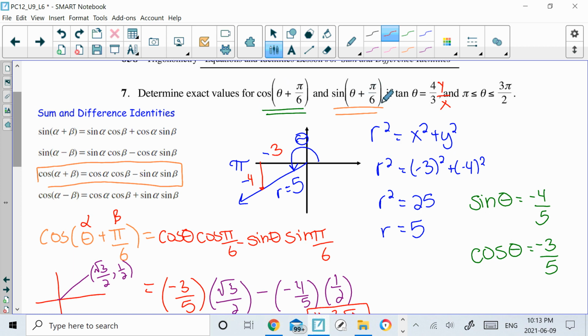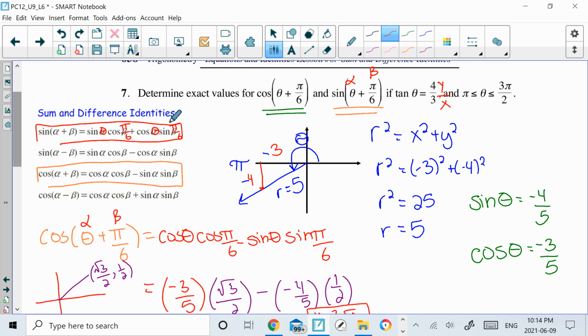The second identity, you're going to do the exact same thing that I did, except now you're going to use the sum identity for sine, which is this here. Alpha is going to be theta, and beta would be pi over 6. So you're going to write this identity down, with theta and pi over 6.